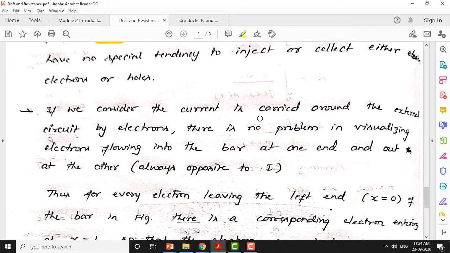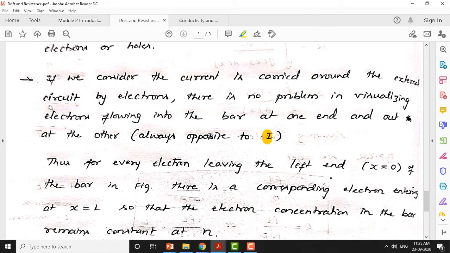If the current is carried around the external circuit by electrons, there is no problem visualizing the electron flow into the bar at one end and out at the other end, which is always opposite to the current.